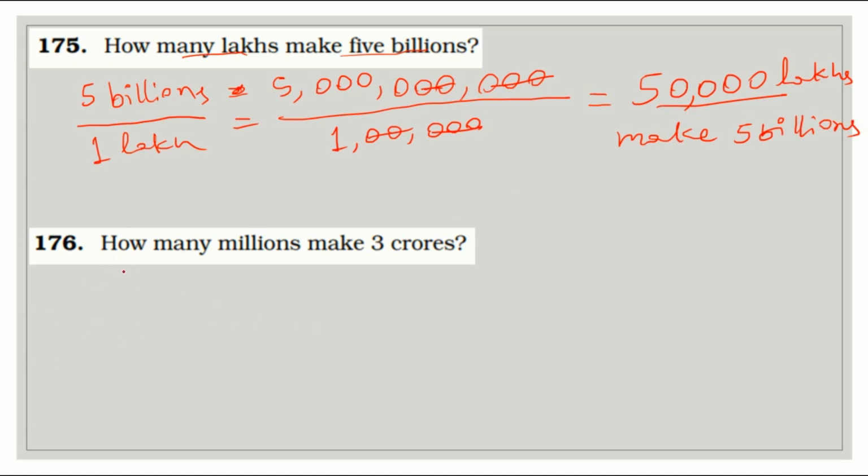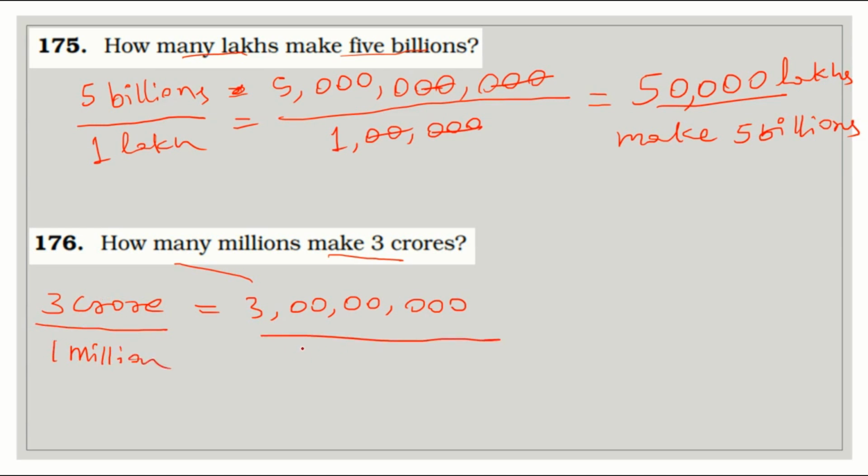Similarly, question number 176. How many millions make 3 crores? First of all, 3 crore is nothing but 3 comma 00 for lakhs, 00 for thousands, and 000 for hundreds, tens and units. And when I divide 3 crore by 1 million, that means 1 comma 000 for the thousands and 3 more zeros for hundreds, tens and units.